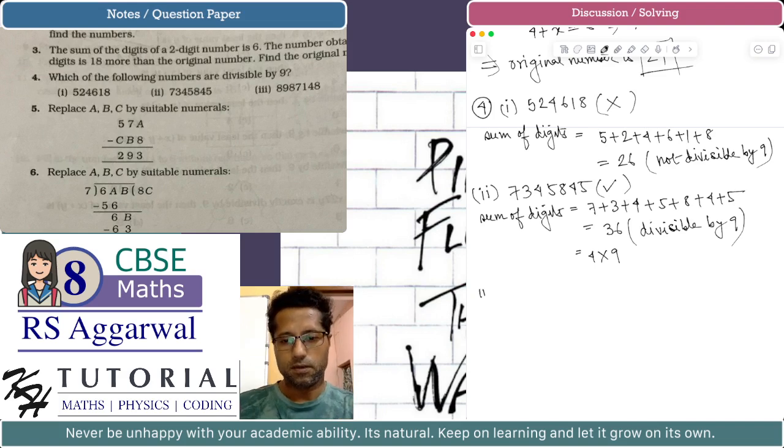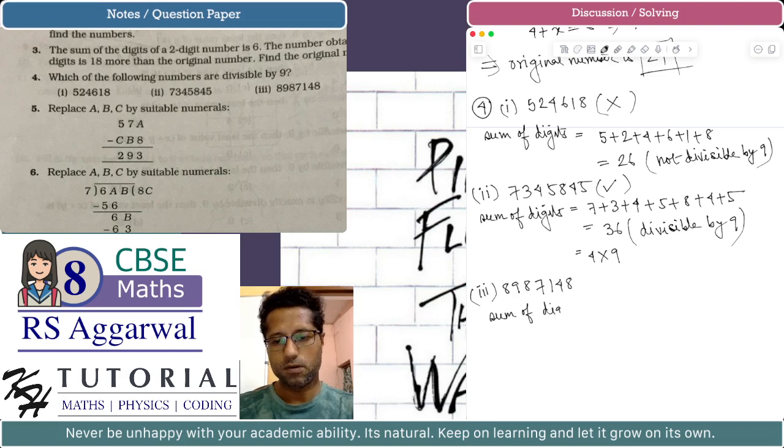The number 3 is 8, 9, 8, 7, 1, 4, 8. So the sum of digits is equal to 8 plus 9 plus 8 plus 7 plus 1 plus 4 plus 8.